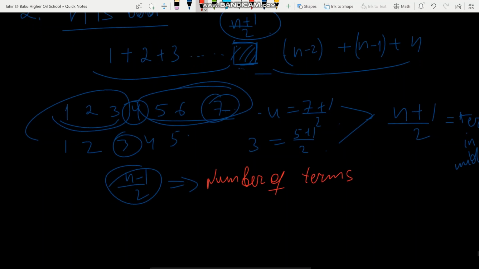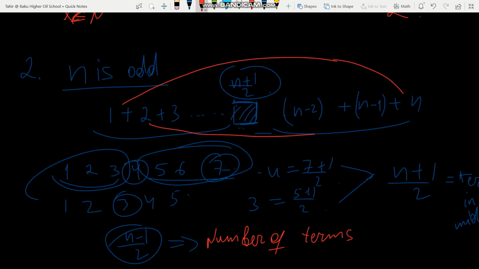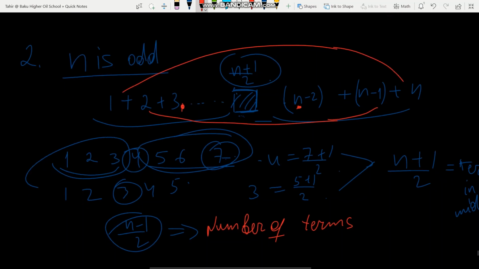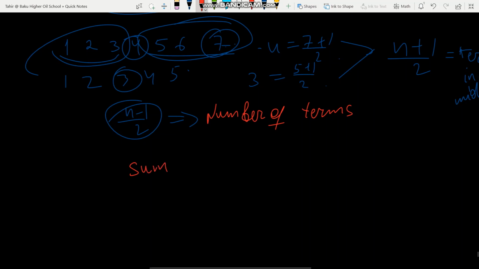Here the sums of pairs will be 1 plus n, 2 plus n minus 1, 3 plus n minus 2, and again the sum of each pair is equal to n plus 1.